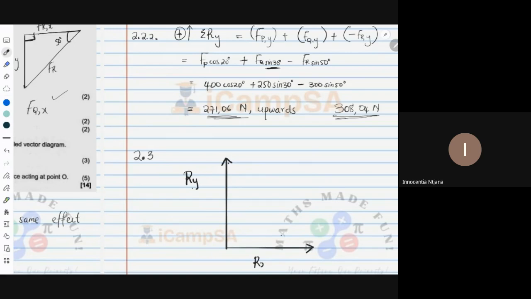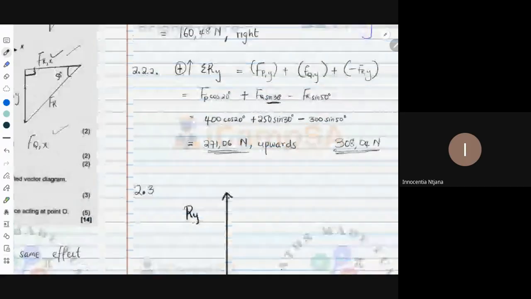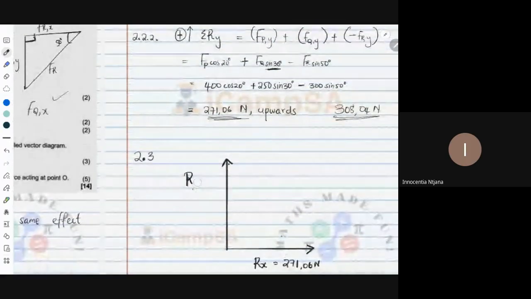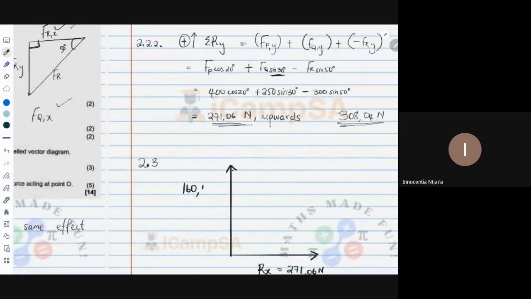This is my Rx of 160.48 newtons, and this is my Ry of 271.06 newtons.